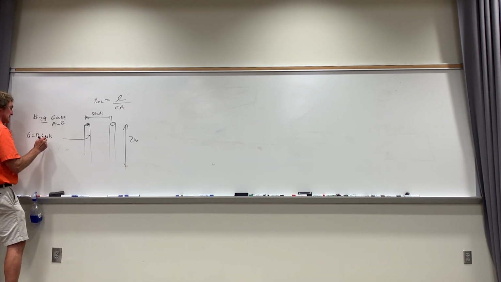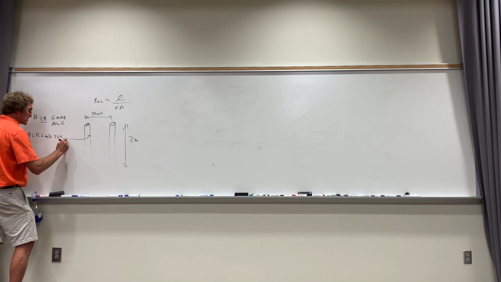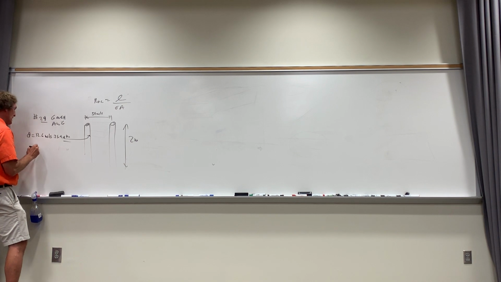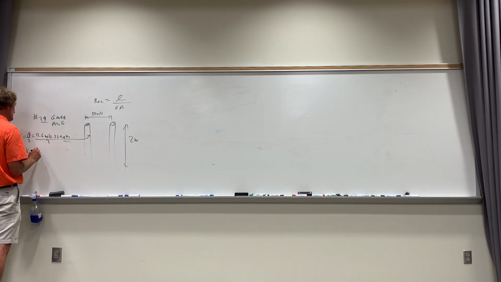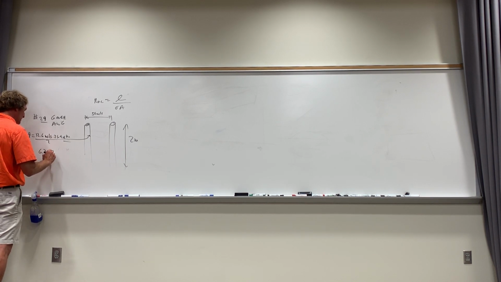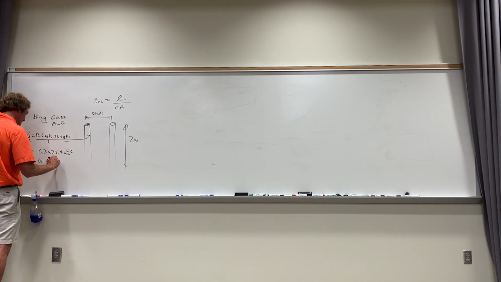Mils cancel mils, I get micrometers, and then divide by 2. So the radius is 12.6 divided by 2, which is 6.3, times 25.4 times 10 to the minus 6. It should be 0.16 millimeters for the radius, correct?